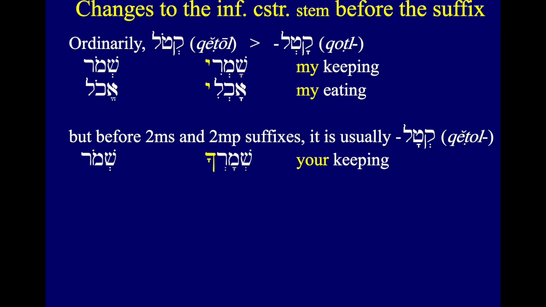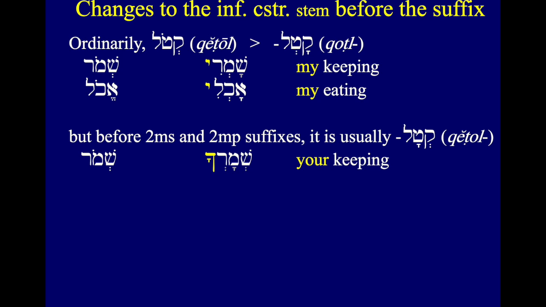So shamor is our Qal infinitive construct, to keep. It's in construct because we added some ending to it here. But that also changes our vowels around when we add endings to these Hebrew words. We will lose some long vowels. We will have to compensate by adding some other vowels somewhere. So shamorcha is to keep you, or you're keeping. It's really the to keep of you is what it is in Hebrew.